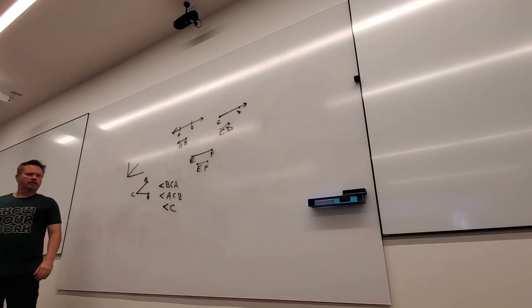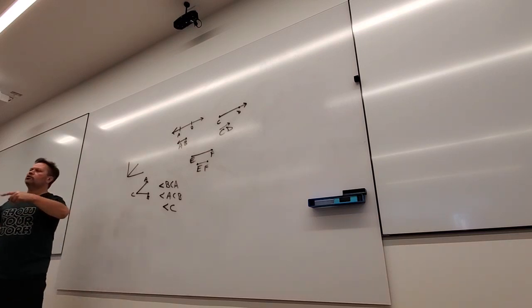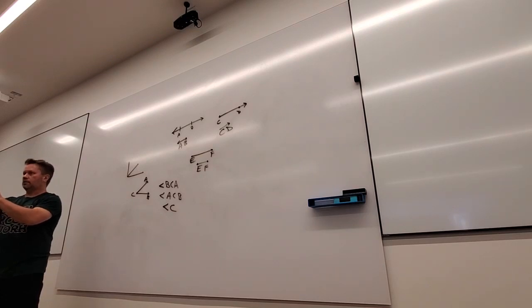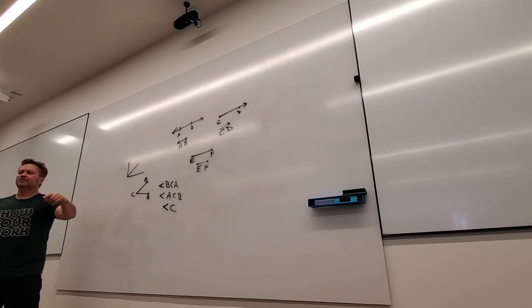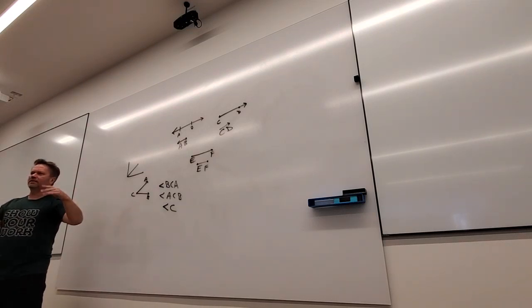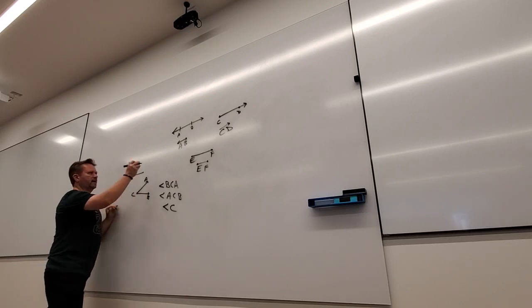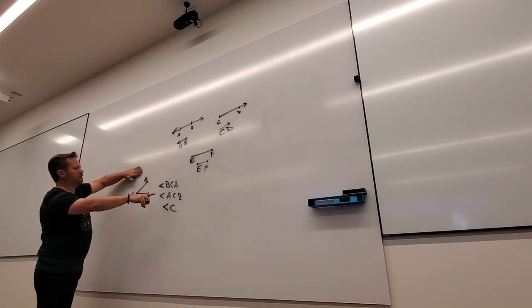Now, what is true about this angle that I asked you to create? I asked you to create what kind of angle? 45 degree. How would you write that fact in math? I would pick the way I want to reference this angle.